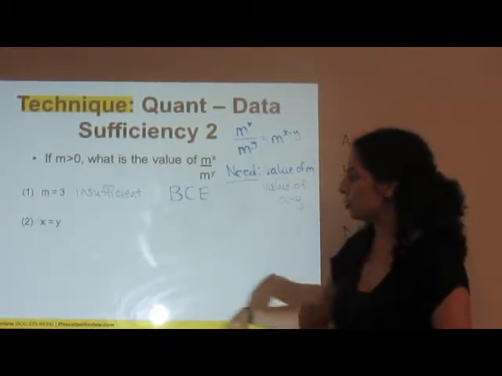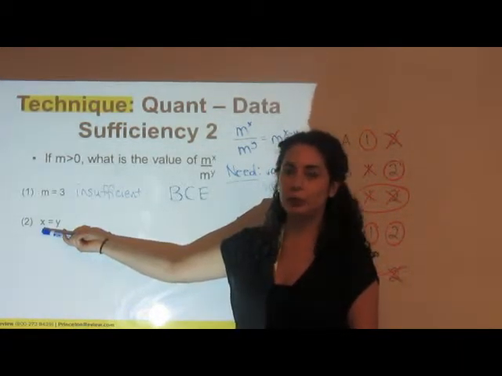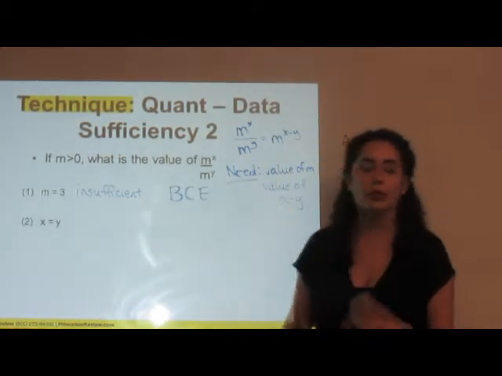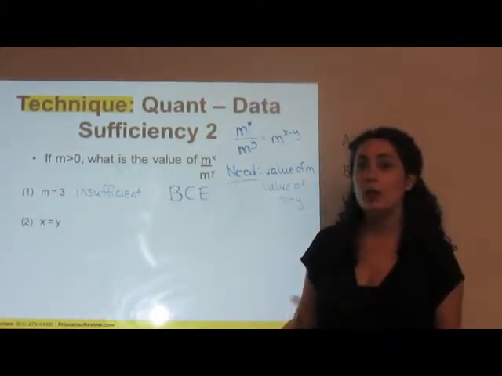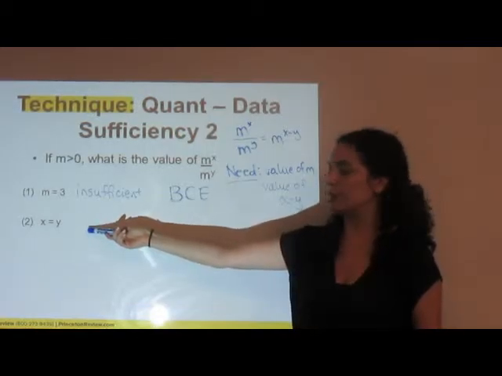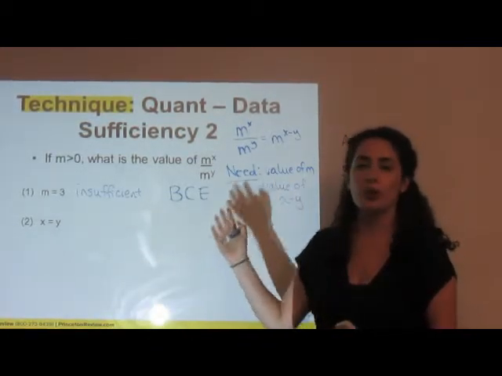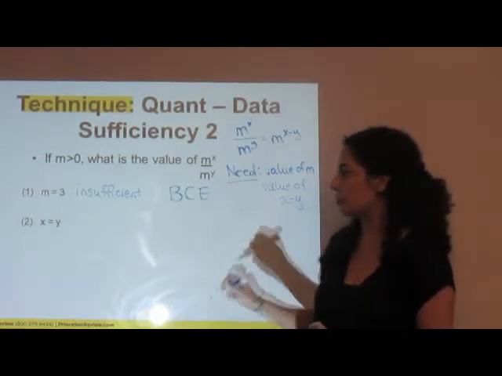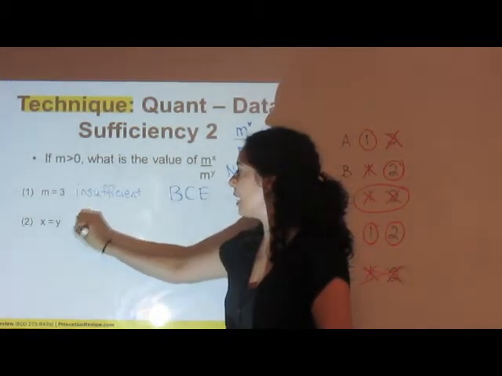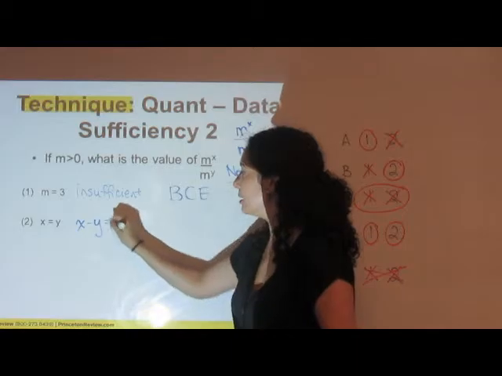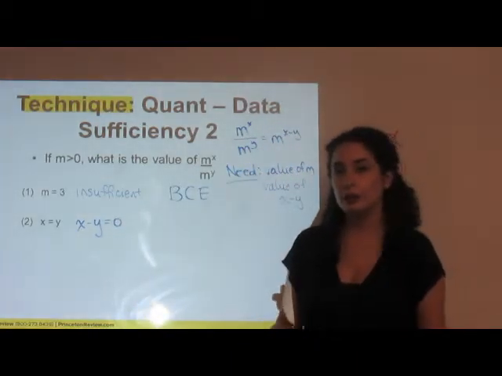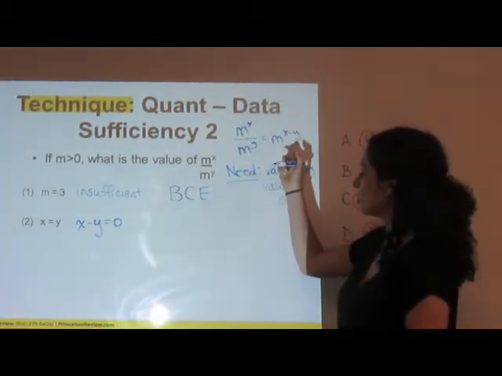Statement 2 says x is equal to y. Now you might think, there's no information about m, so there's no way this could be enough information. But we want to investigate a little further and rearrange it. If I rearrange it so that both of my variables are on the same side of the equal sign, I can rewrite this as x minus y is equal to 0. That's very interesting because that represents our exponent.